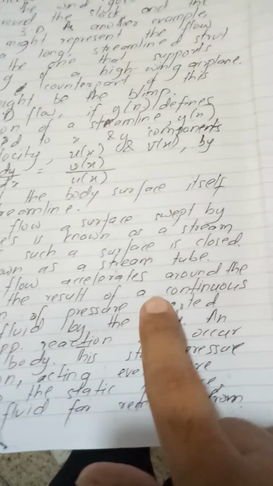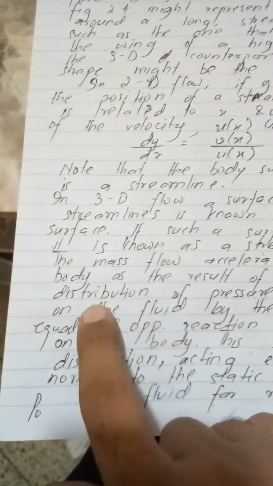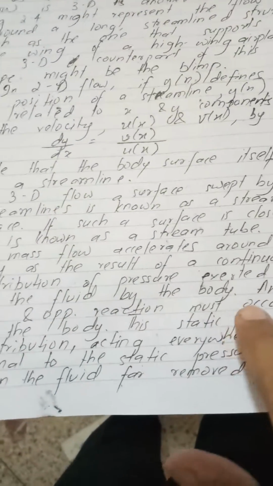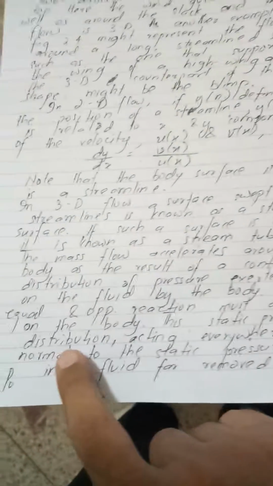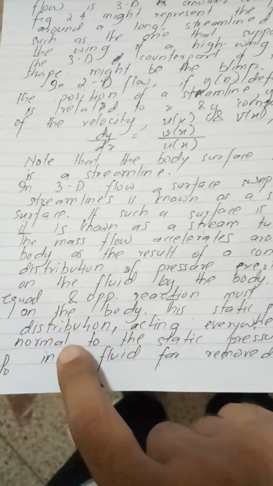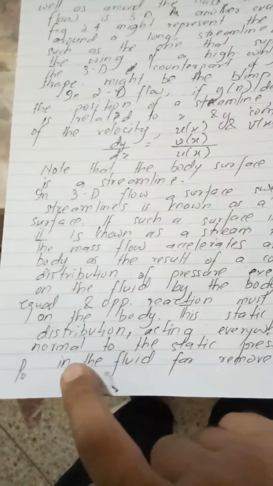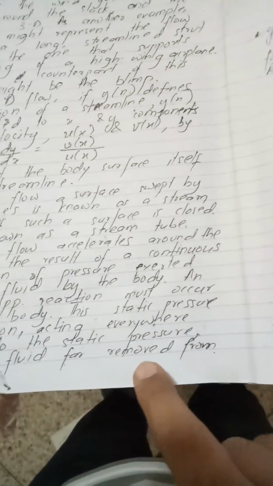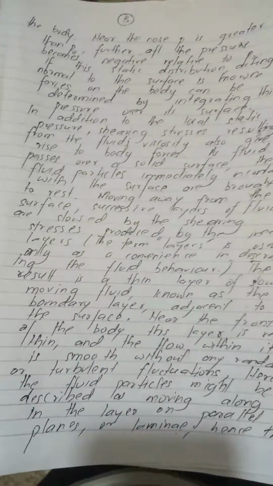The mass flow accelerates around the body as a result of a continuous distribution of pressure exerted on the fluid by the body. An equal and opposite reaction must occur on the body. This static pressure distribution acts everywhere normal to the surface, relative to the static pressure P naught in the fluid far removed from the body.